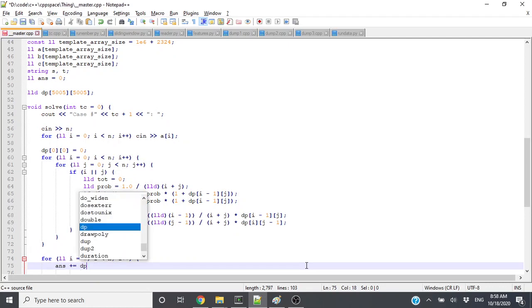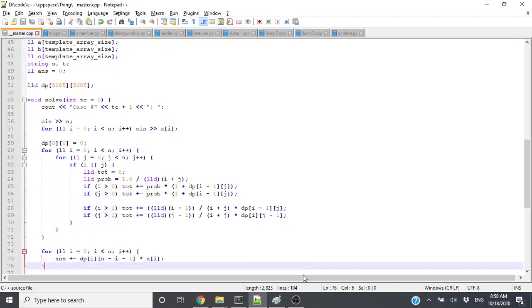So what is it? It's DP of i on the left and n minus i minus 1 on the right. Does that make sense? I think it does.